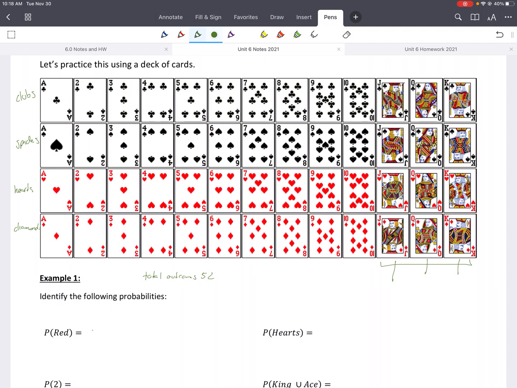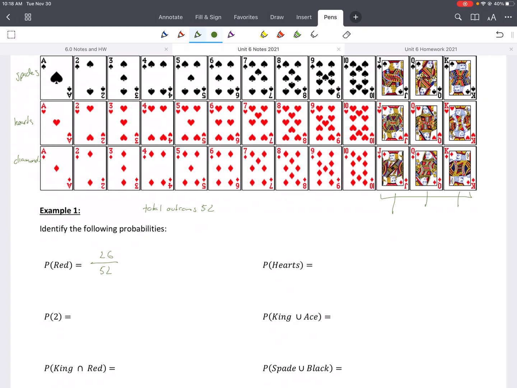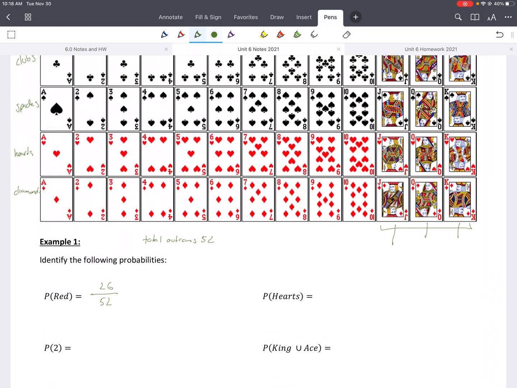So the desirable outcomes would be half of them. Okay, so how many of that would be like 2 times 13. So that'd be 26 out of 52. Okay, here it doesn't ask for a percentage, so we'll just leave it as a fraction. What's the probability of picking a heart?